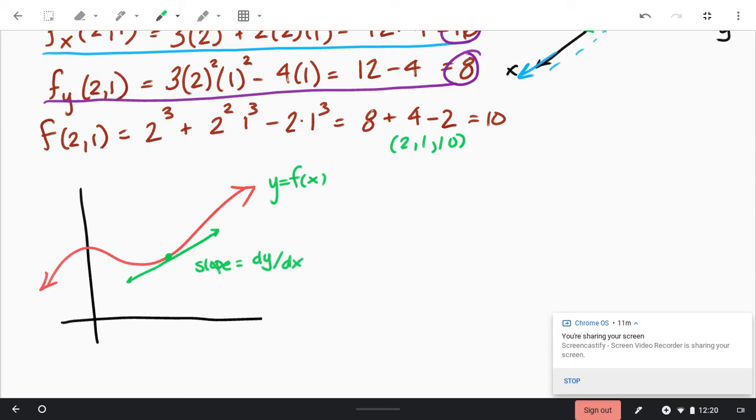It tells you that as I move in the x direction, I would move in the y direction at that specific point, positive.